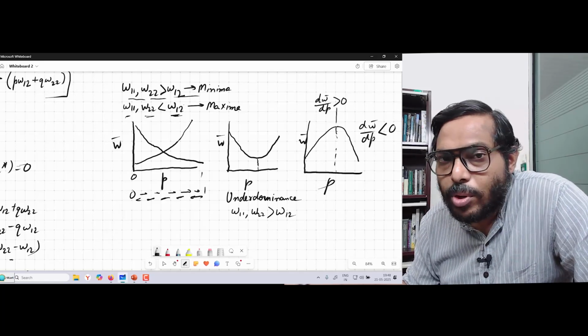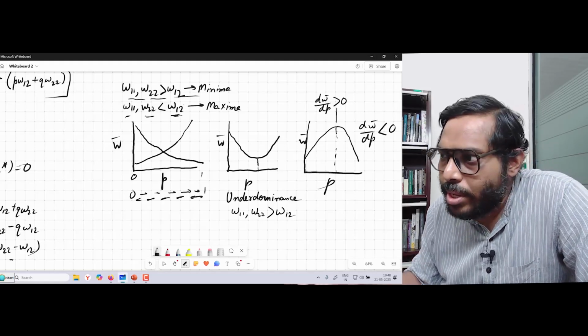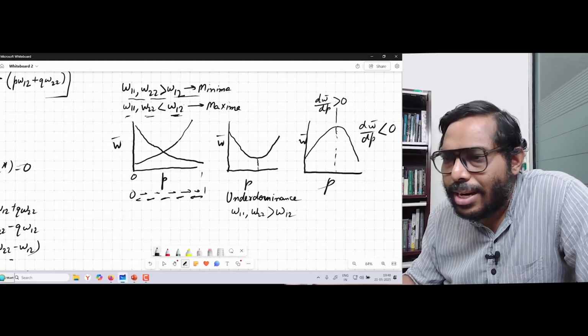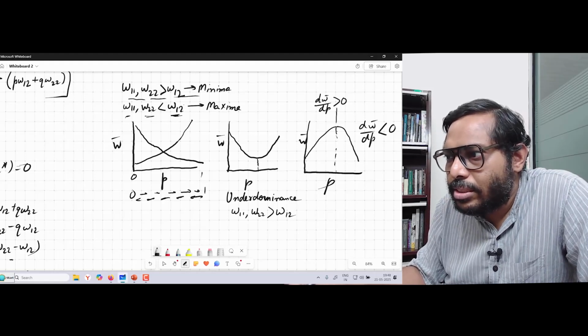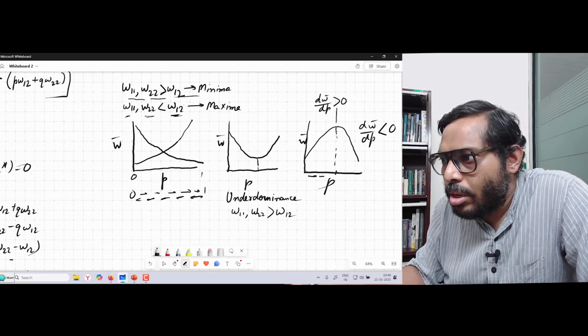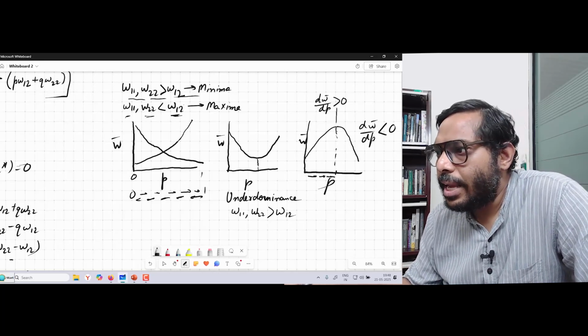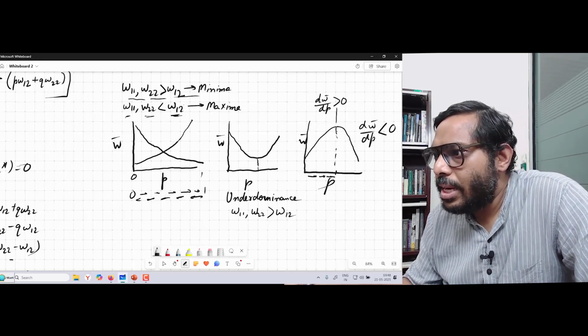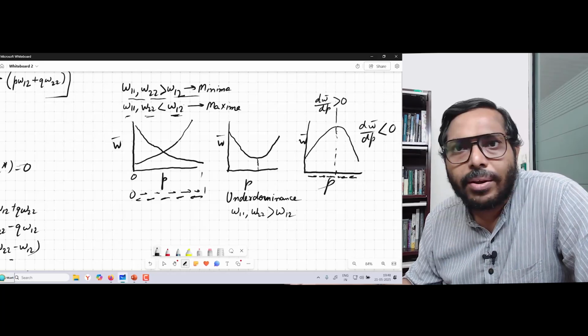Therefore, what did I say about delta p? Delta p will have the same sign as dW bar/dp. So on this side delta p is positive, which means if the allele frequency is anywhere in this zone, it will go here. Whereas on this side it is negative, so if the allele frequency is anywhere in this zone, it will go in this direction.